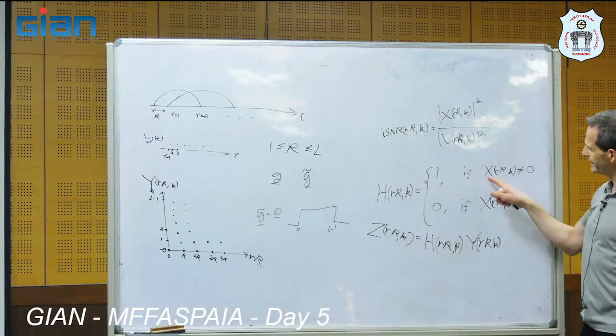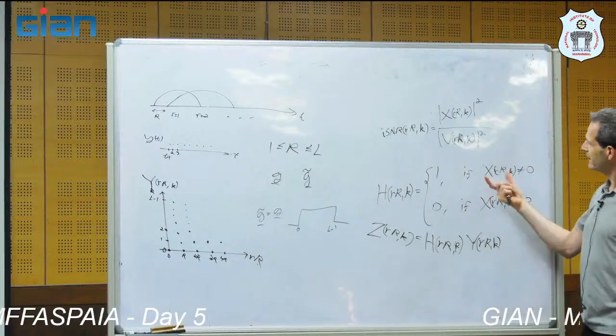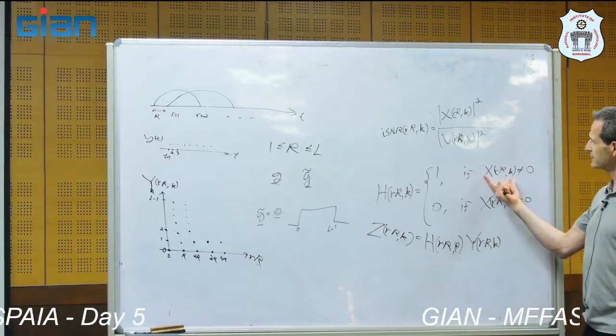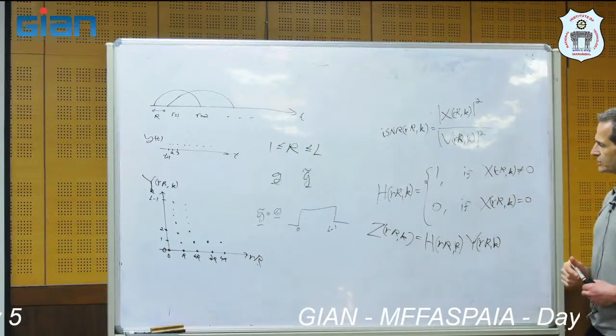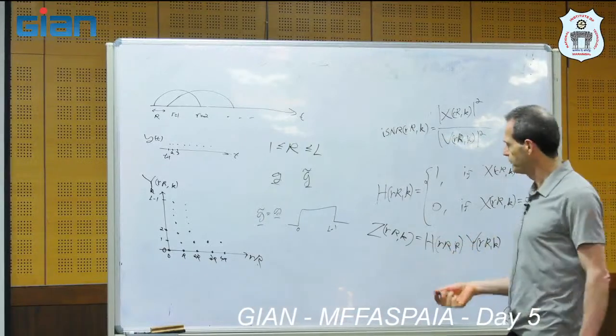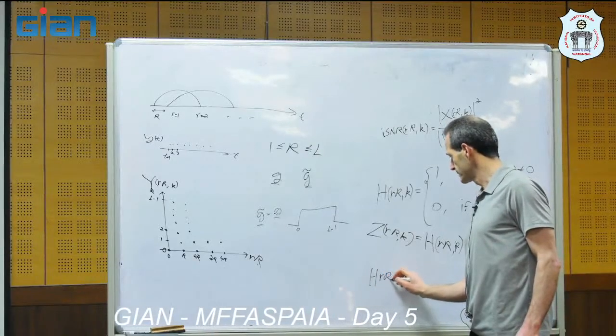So usually it's not based on X. It's based on how much X is larger than V by a certain threshold. So this is another way to define an ideal mask.